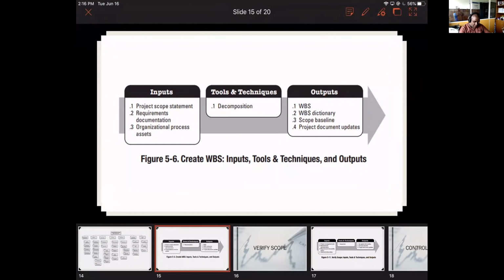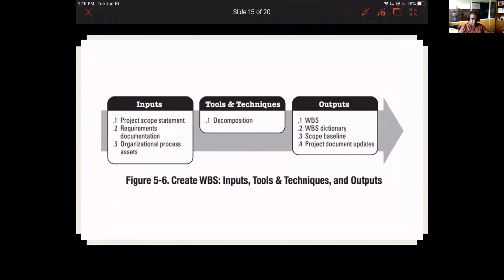Right? So this technique, after having the scope, dividing that into small portions, is what we call decomposing. This is the process of creating the WBS. That's why the lowest level should be a BOQ item where we can cost. Right?